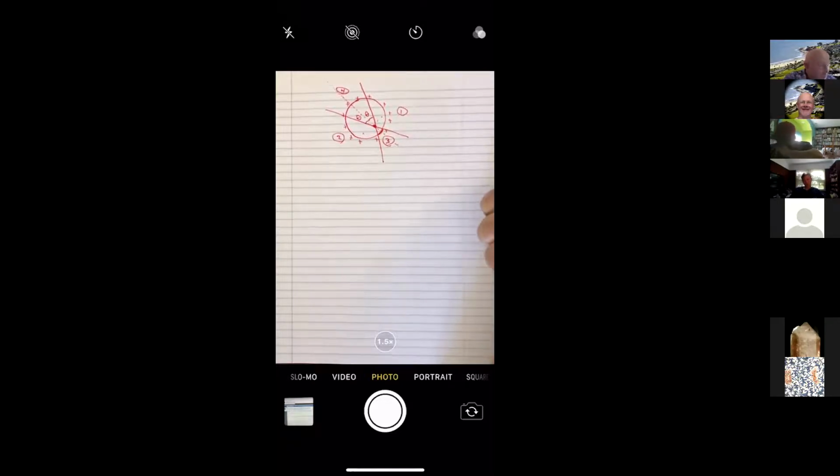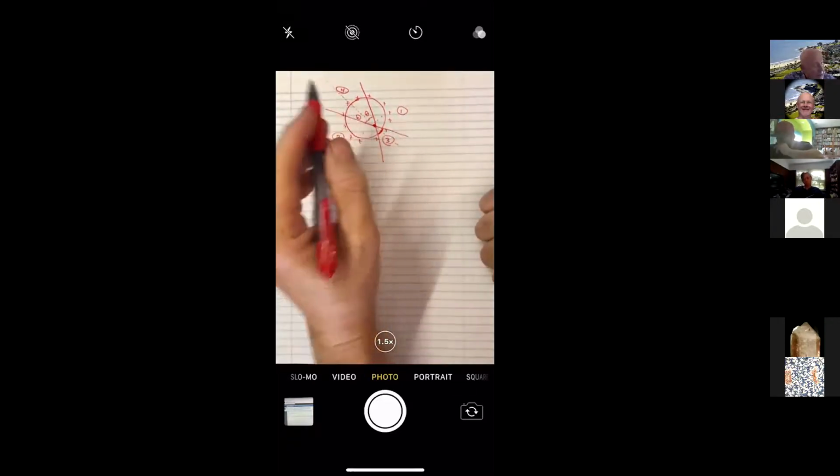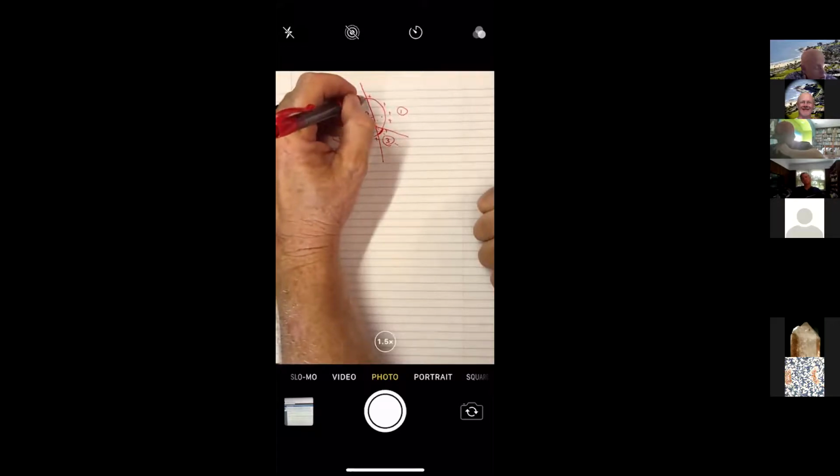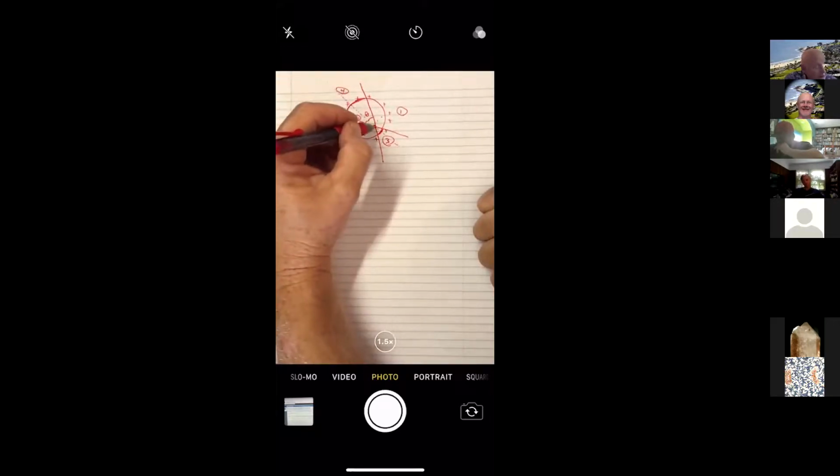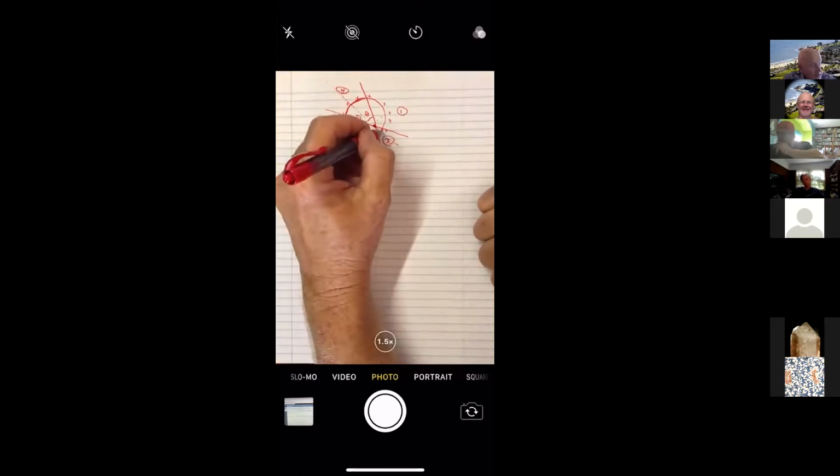But it is easy to see that there's more charge at a further distance away than the charge over here at a short distance away.